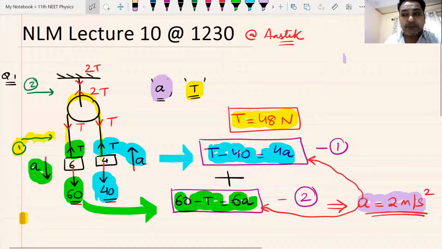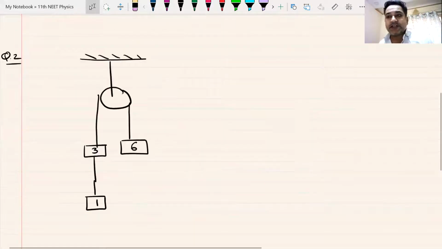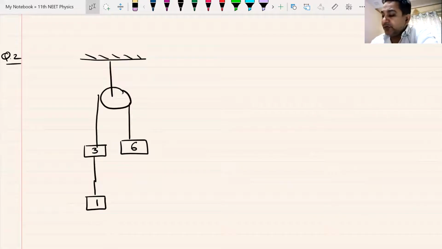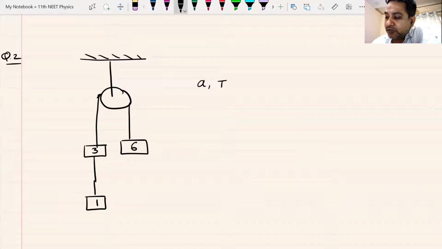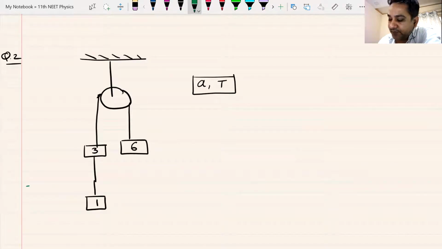Okay, I'll start with the next question, and it is there on your screens now. Again, you have to find out the acceleration of the block and the tension in all strings. How many strings do you see here?